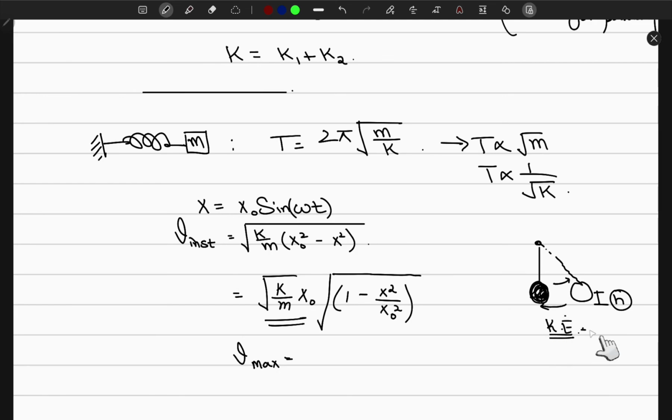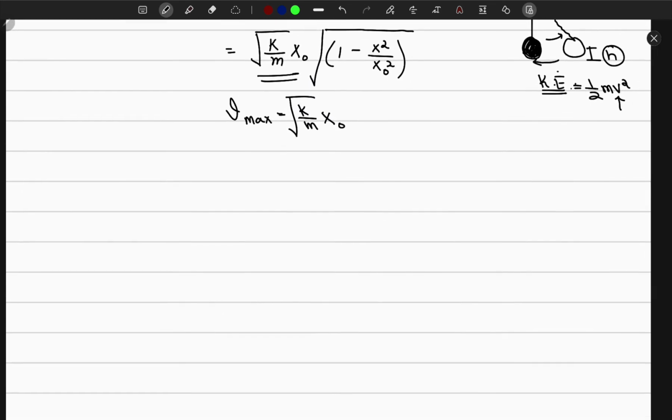And hence, kinetic energy is simply half mv squared. The mass of the bob did not change during this course of motion, so the only thing that could have changed is velocity. Which means the velocity was maximum at this point, right? So hence, this is the maximum velocity, which is at the mean position.